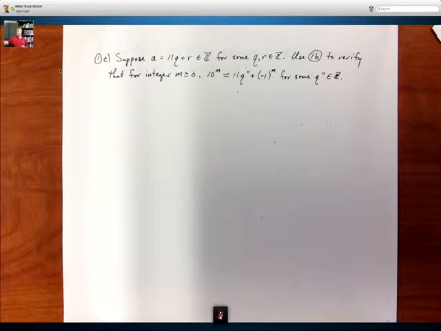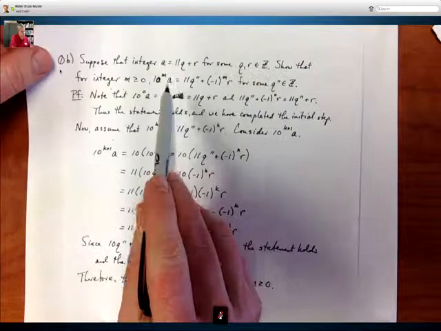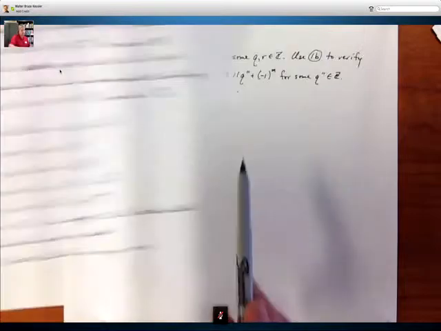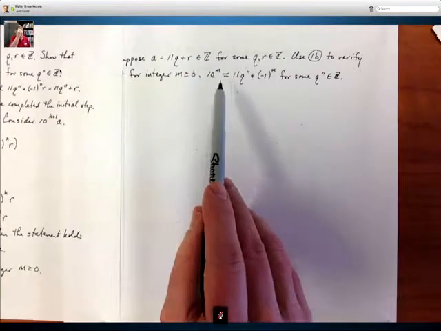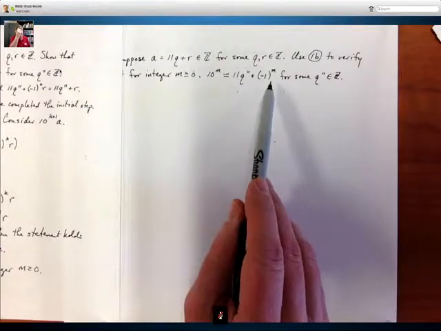Okay. Now, on first glance at this, let me just kind of pop this back up. When we're proving this, there's an a here, and there's an r there. And so what appears to be happening here is you're somehow getting rid of the a there and the r there.